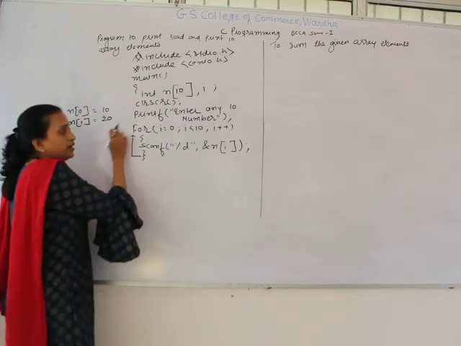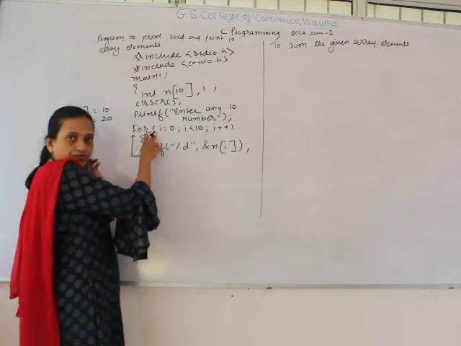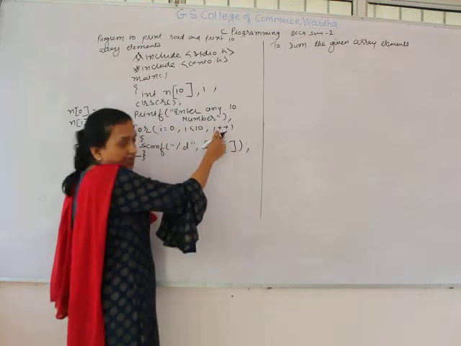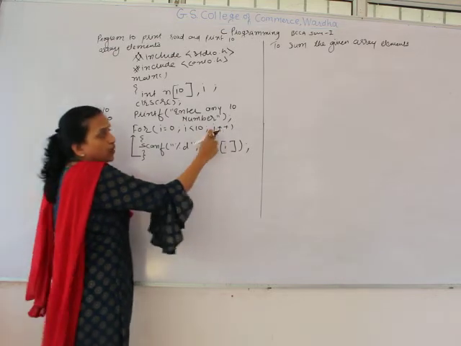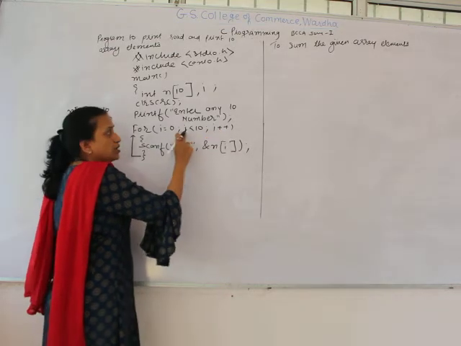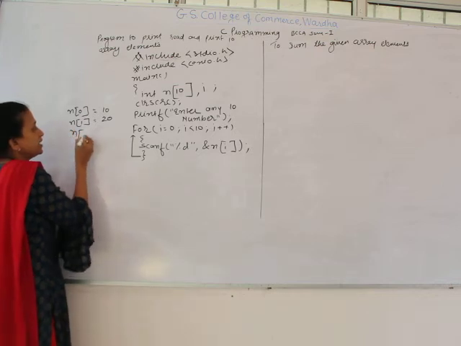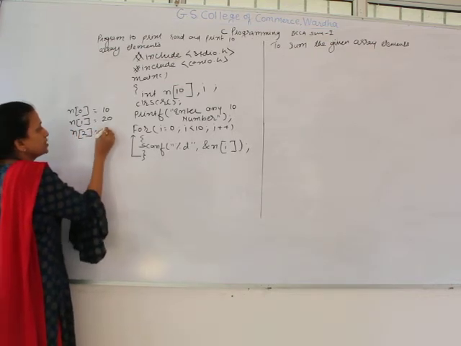Again the control of the program transfers to check the condition with the updated value. First update the value, that is 1 plus 1, 2 is less than 10. Yes, this time the compiler reads the value for n[2]. Suppose 30.